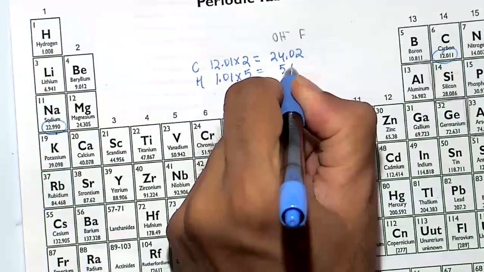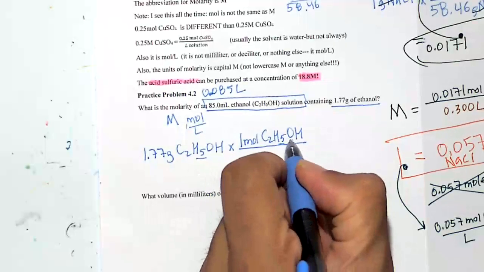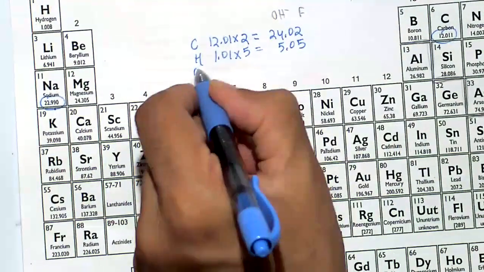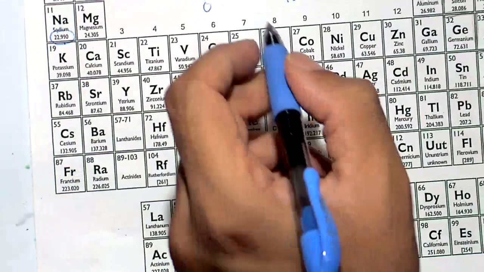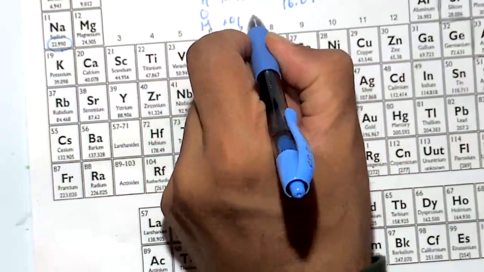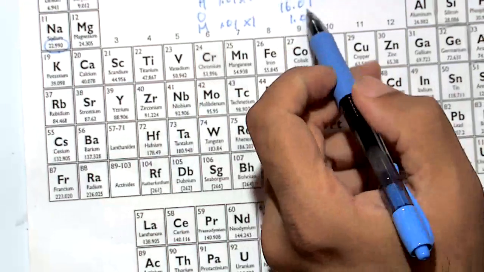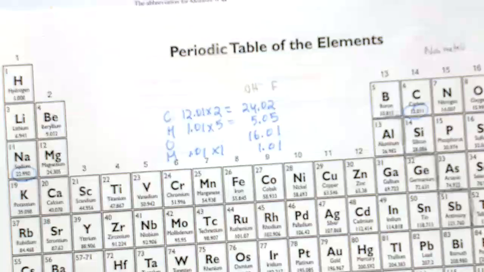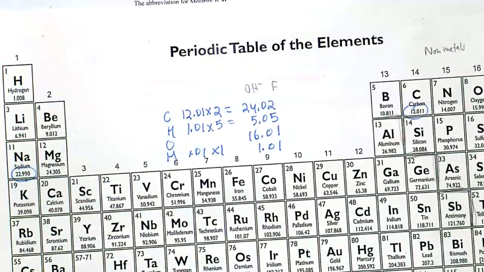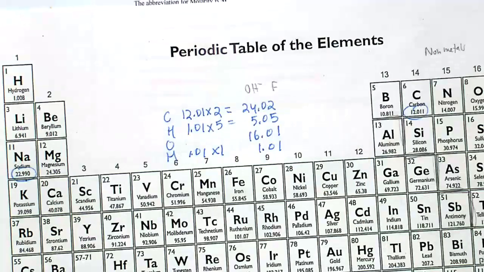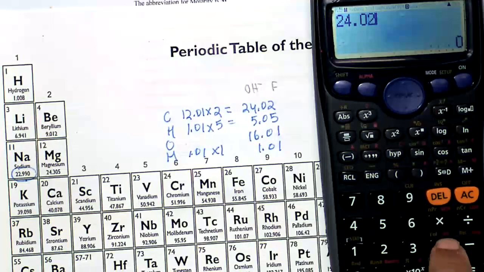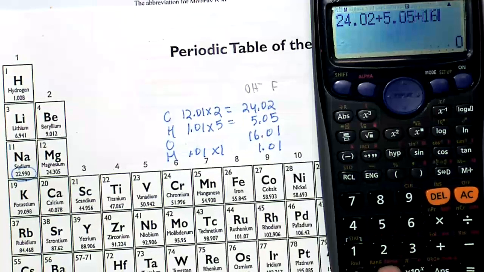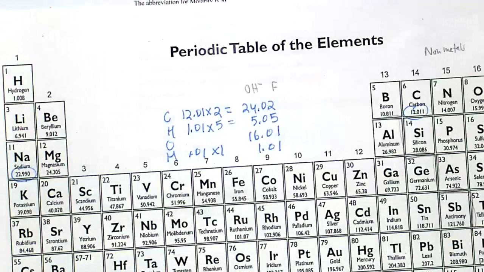What is that times 5? 5.05. Oxygen is about 16.01. And then we got another hydrogen sticking out on the end there. If I add these 4 numbers, what do I get? 46.09.